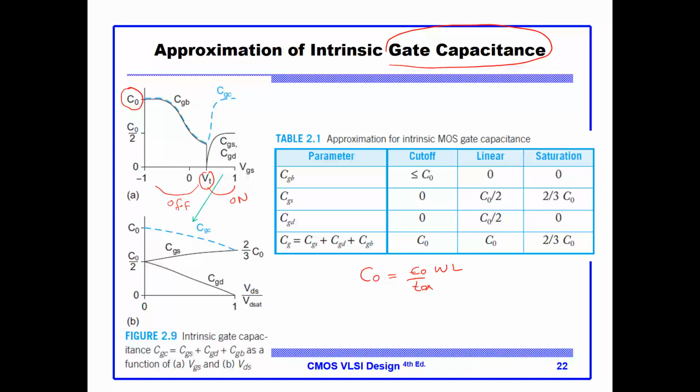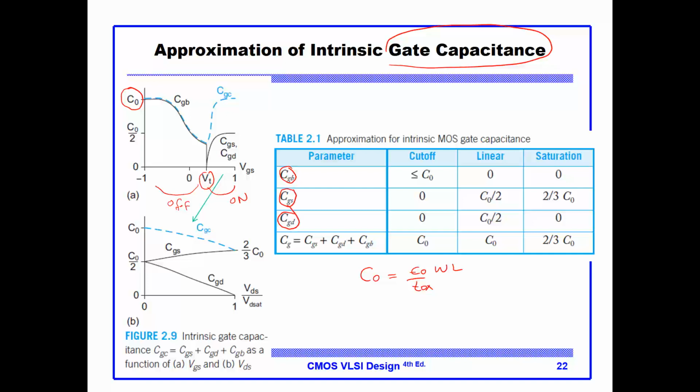Notice that the gate capacitance has three components: gate to bulk, gate to source, and gate to drain.